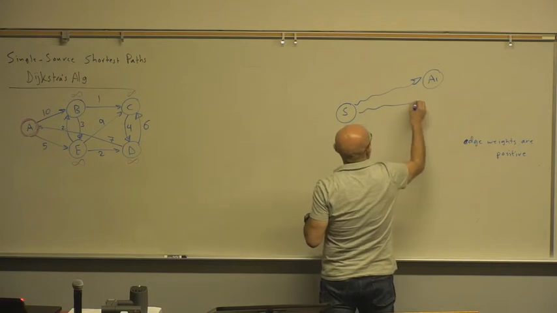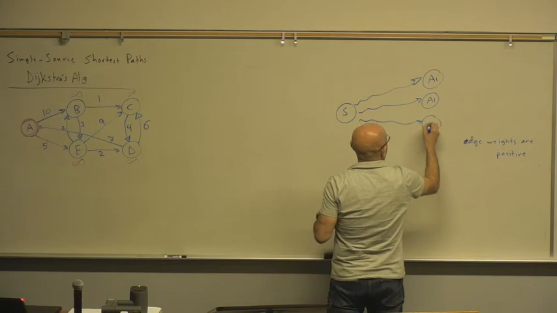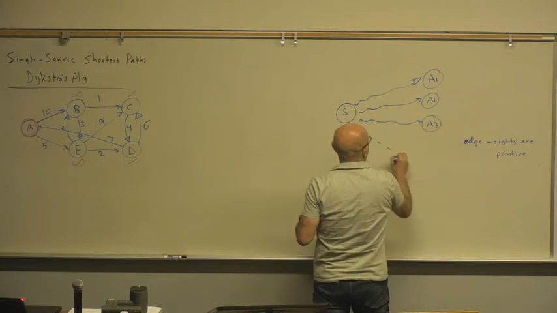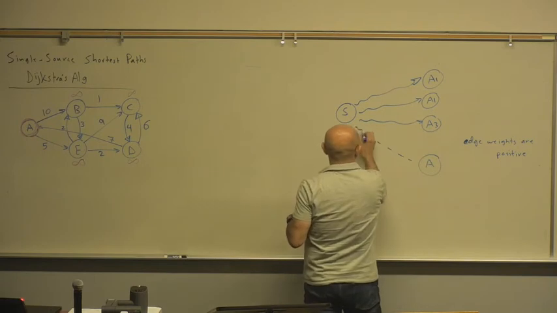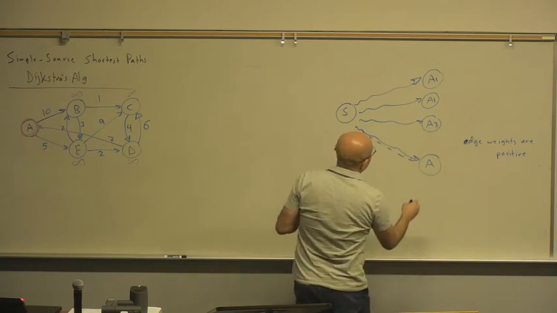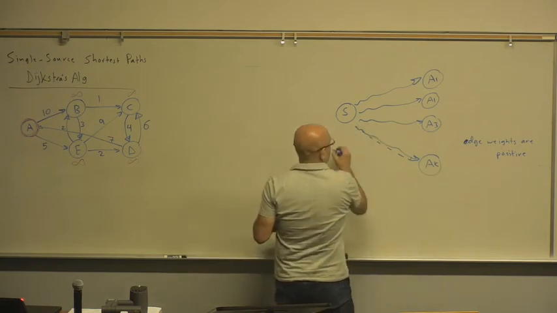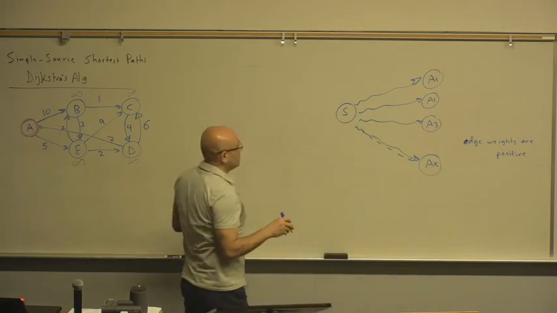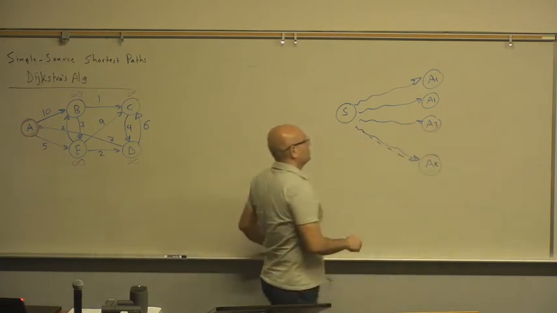A1, vertex A2, vertex A3, and let's call this AK, and suppose that these have some, let's put some numbers first and then we'll put symbols.